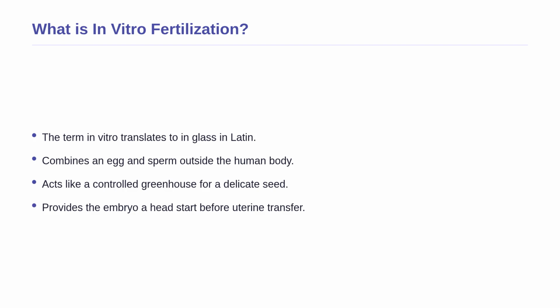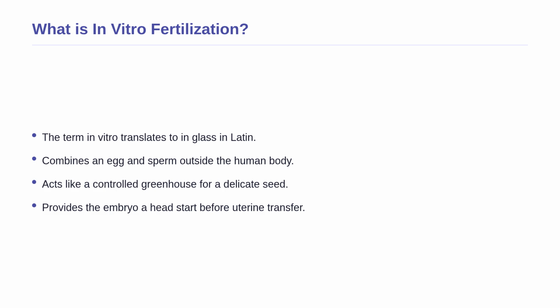To start, let us imagine you are trying to grow a delicate plant from a seed, but the soil in your garden is currently too harsh. Instead of leaving it to chance, you might plant it in a perfectly controlled greenhouse pot, give it exact nutrients, and wait until it sprouts into a strong seedling before transplanting it back.